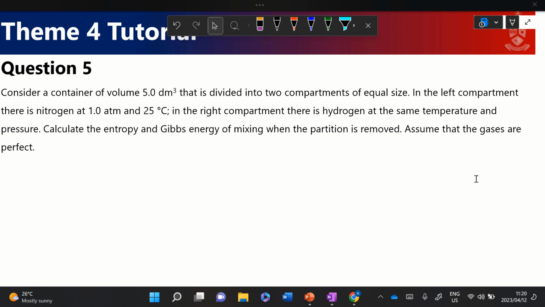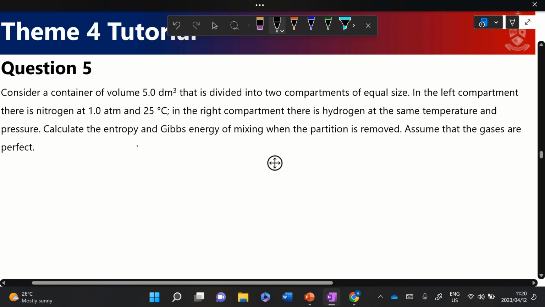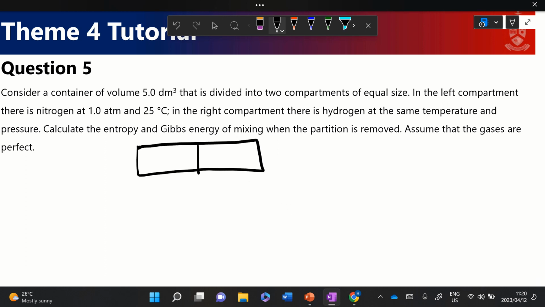Right, so in other words, what is the situation that we are given here? Well, we have a box that has a compartment. So on the left hand side, let's say, we have nitrogen gas here, and then on the right hand side we have hydrogen gas. And both are at 1 atmosphere and 25 degrees Celsius, right?